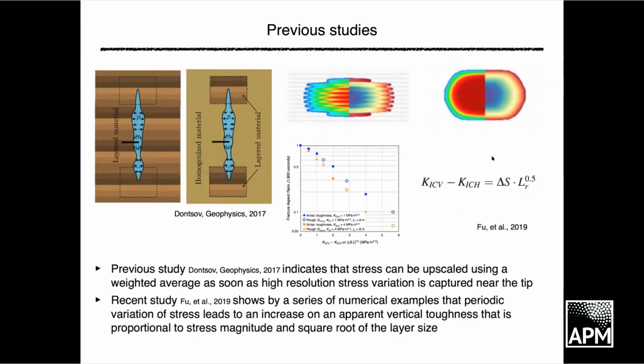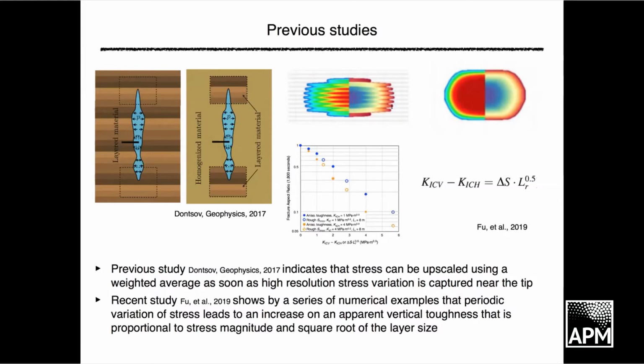There was a study from guys from Lawrence Livermore lab, you see it on the right. They simulated a planar hydraulic fracture in a periodically layered material, with varying stress: high stress, low stress, high stress, low stress, and so on, and observed this behavior. The conclusion was that with your stress oscillation, the average stress is constant, okay?